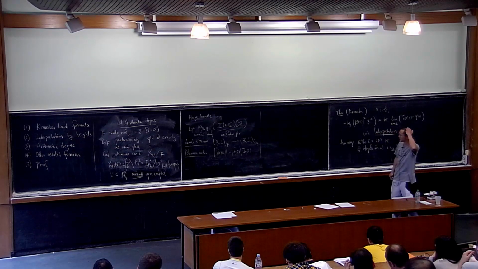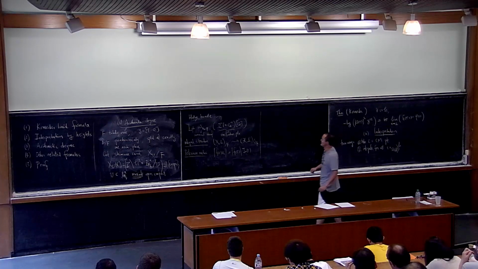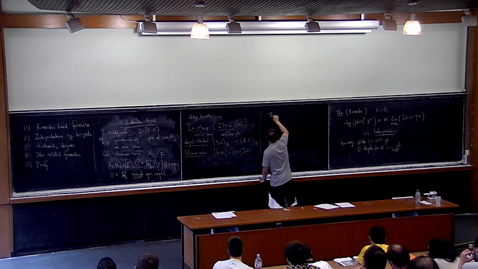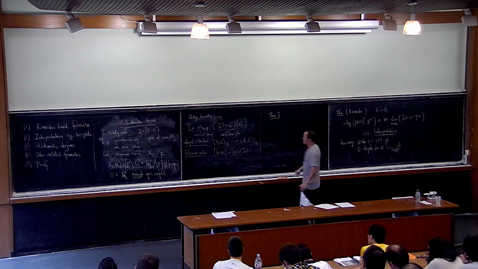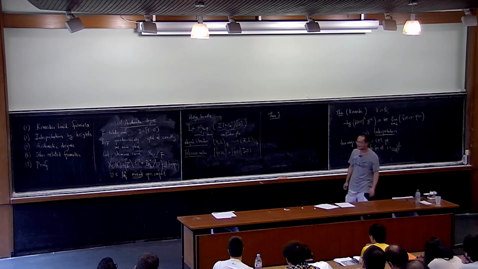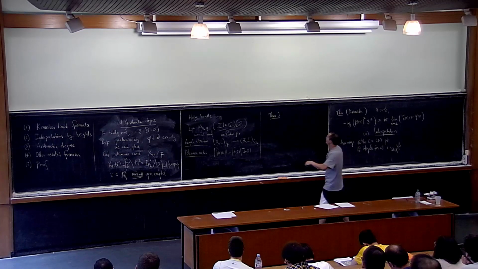Now we can generalize the formulas on the other board. So the theorems. Then we will have two theorems corresponding to the two corollaries. So the first one is about height of CM points.